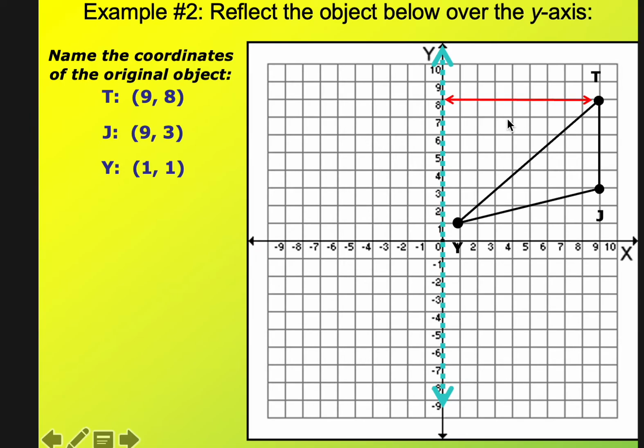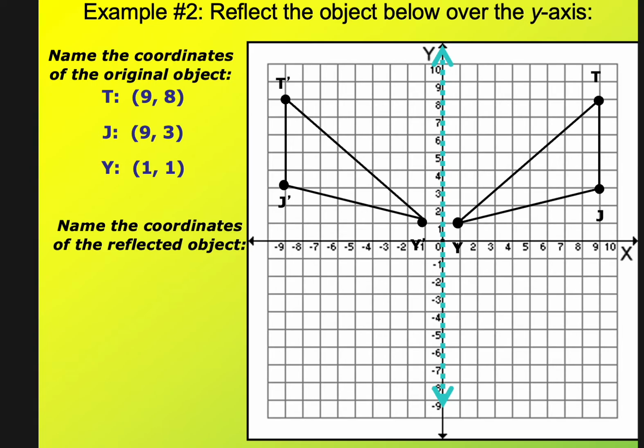So T, we got to move it over 9 to -9. T prime. J, got to move it over 9 to -9. J prime. Y, move it over 1 to -1. Y prime. Connect your dots. They are mirror images of each other.